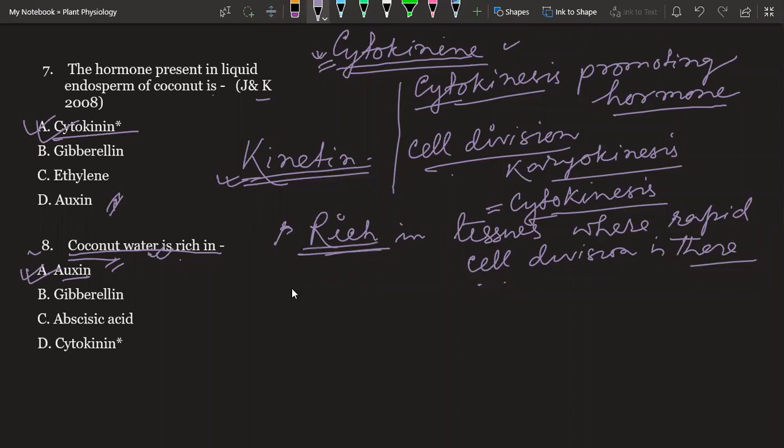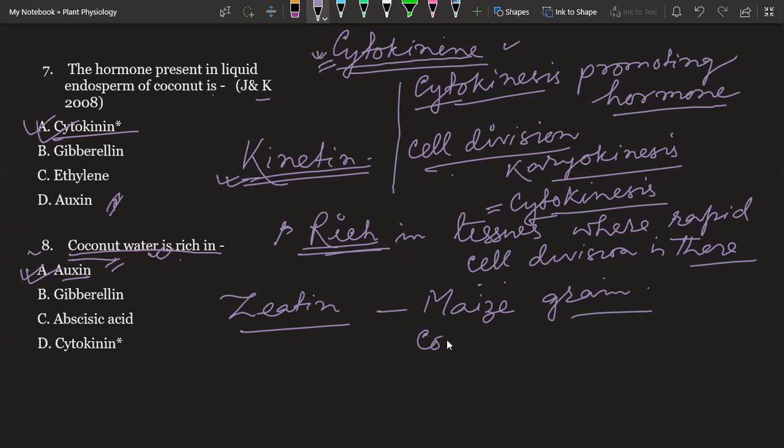This hormone, and one kinetin, cytokinin, which is known as zeatin. Zeatin is found in the maize grain, that is in the corn. Maize is Zea mays, so it is called zeatin. This is also a natural cytokinin.